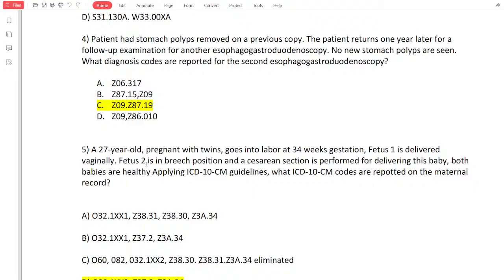So here both methods were used for the lady, vaginal delivery and also cesarean. You have to put more attention to which one, vaginal or cesarean, is more difficult. Cesarean is somewhat more difficult.